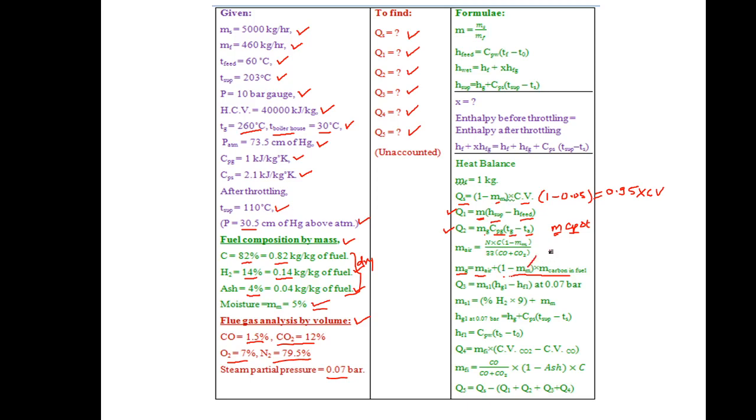If we burn 1 kg of fuel, only 0.95 kg of fuel is going to be burned because there is 5% moisture. So the mass of moisture is subtracted from the mass of carbon in the fuel, then we get the mass of gas, and this we have to substitute in the above equation.